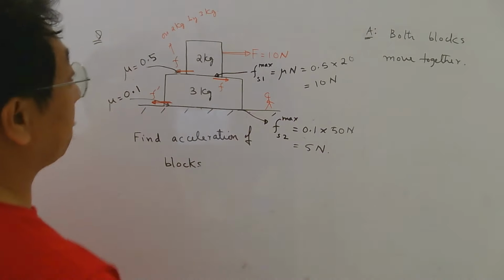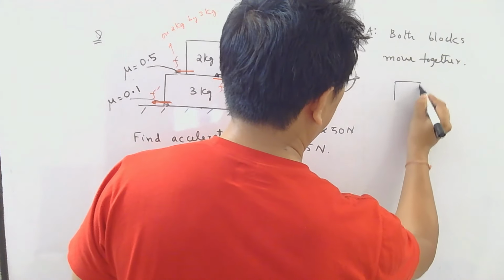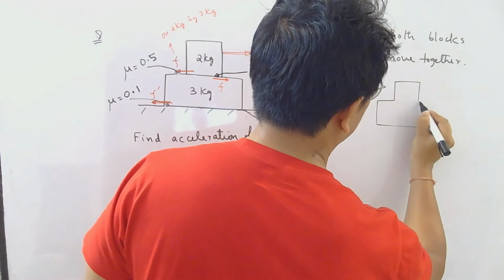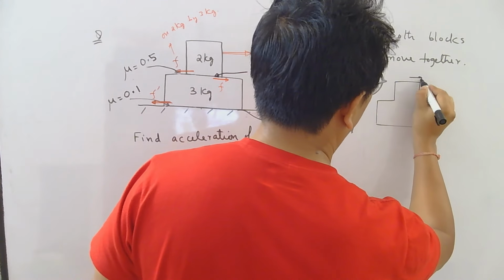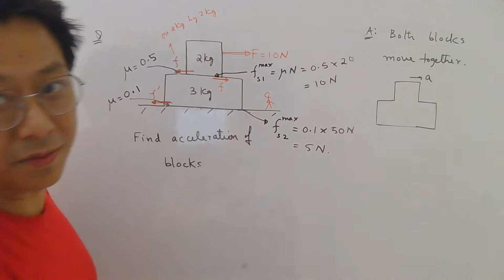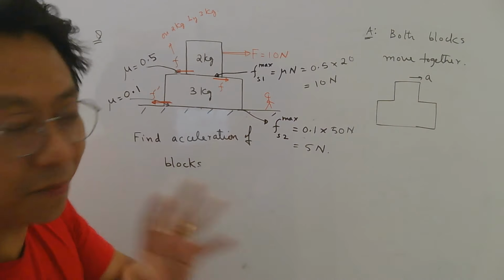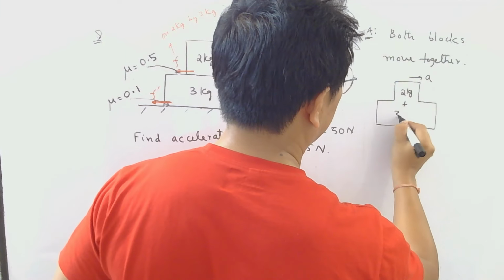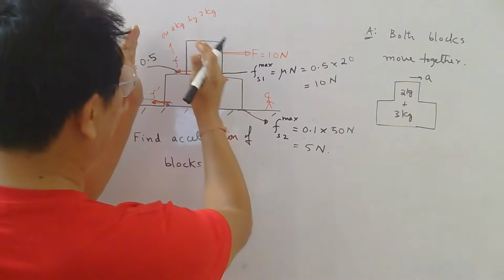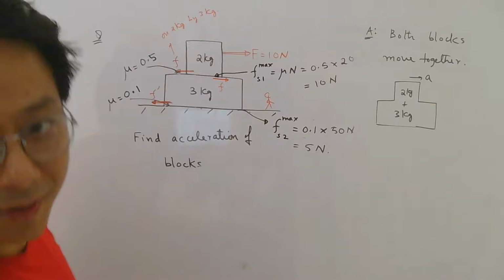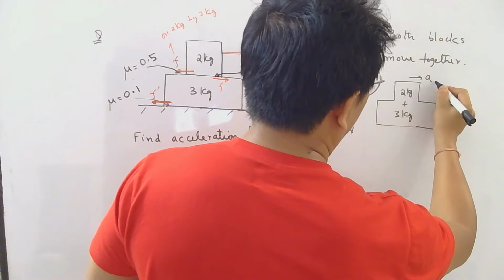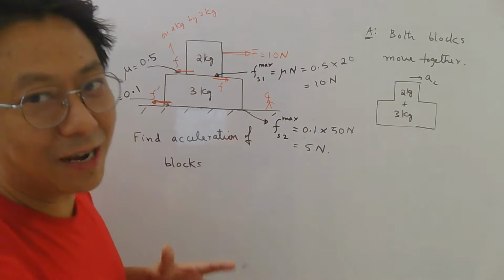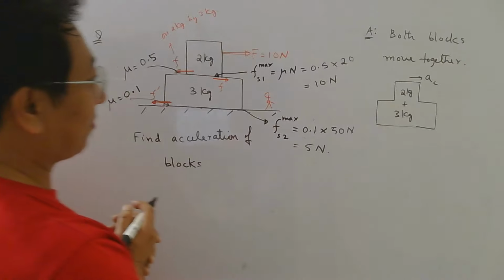So let us check. Now if both of them move together, then I know they will have a common acceleration A. So 2 kg and 3 kg I will take as a system because they are moving together. Let me call this acceleration AC, where C stands for common acceleration.